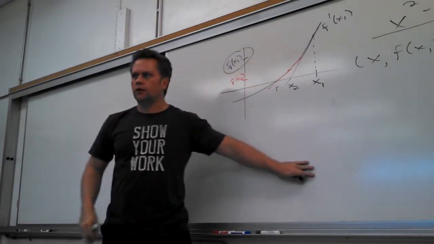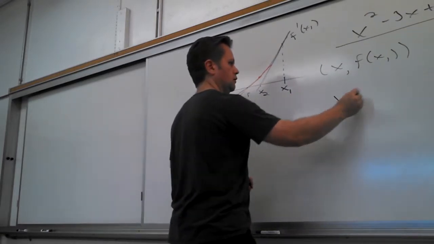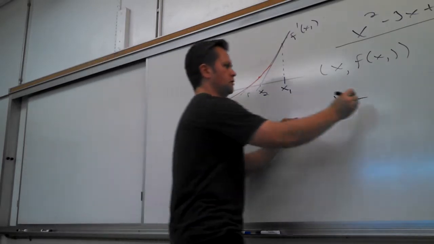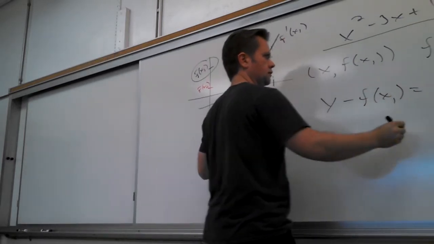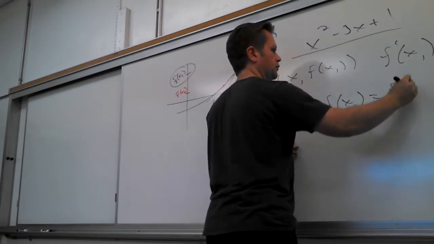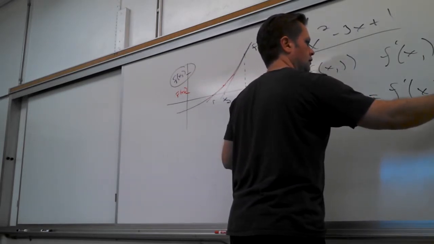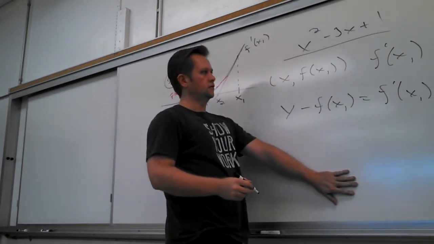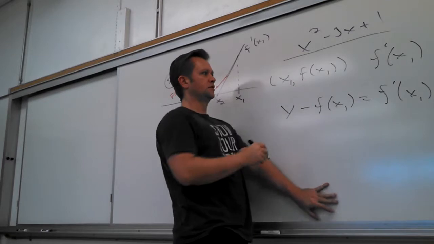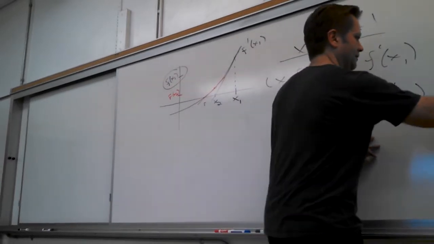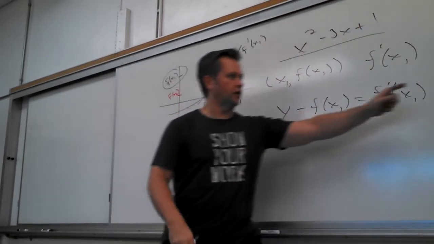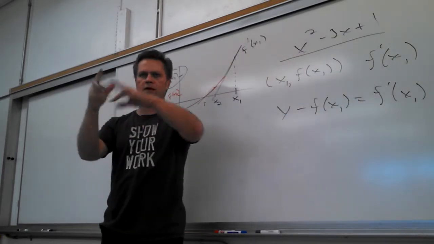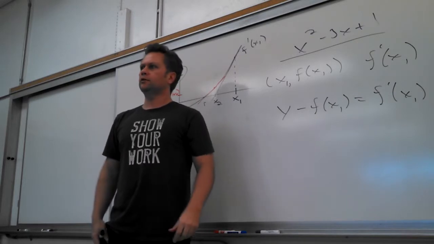What's the equation of the line then? y minus y1 equals f prime of x1 times x minus x1. So just using the point, the x piece of the point and the y piece of the point, the same good old y minus y1 equals m times x minus x1. It comes to save us so many times.